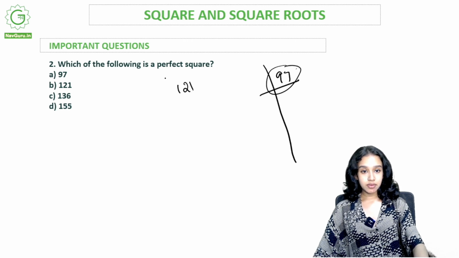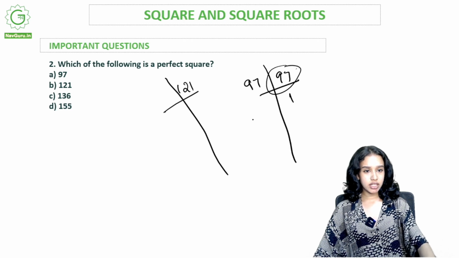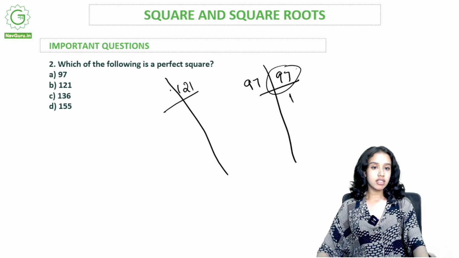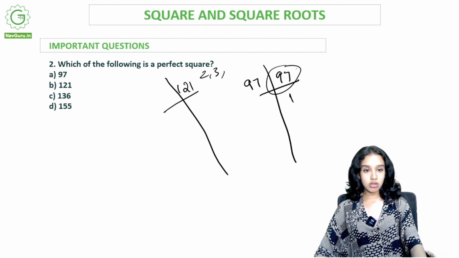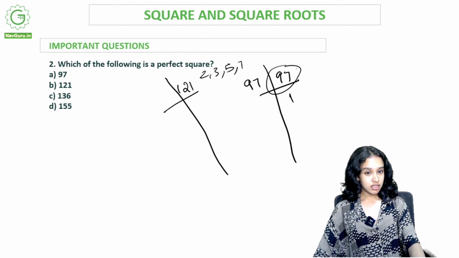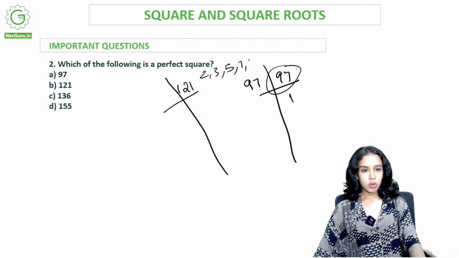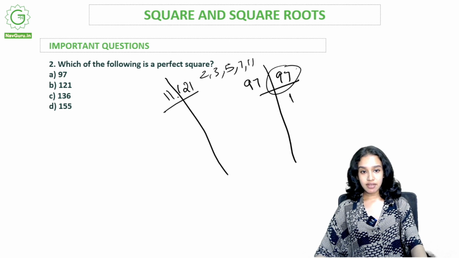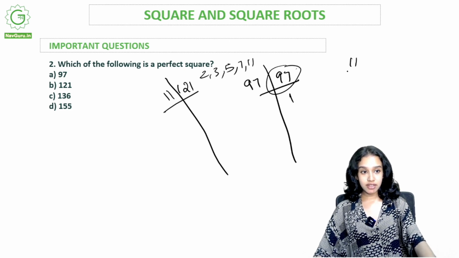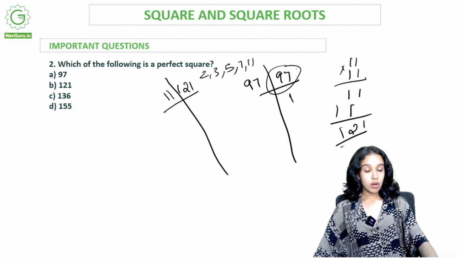121. So this would be, we could put it as 97 and 121 here. For 121: 2 is not divisible, 3 is not divisible, 5 is not divisible, 7, let's see, 7 ones are 7, no. What about 11 though? 11 into 11, what is 11 into 11? 1 ones are 1, 1, 2, 1, 121.